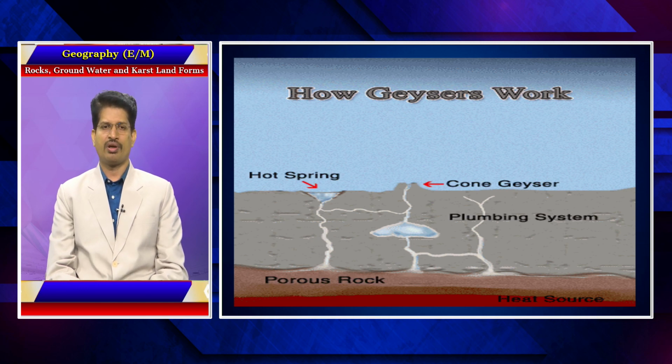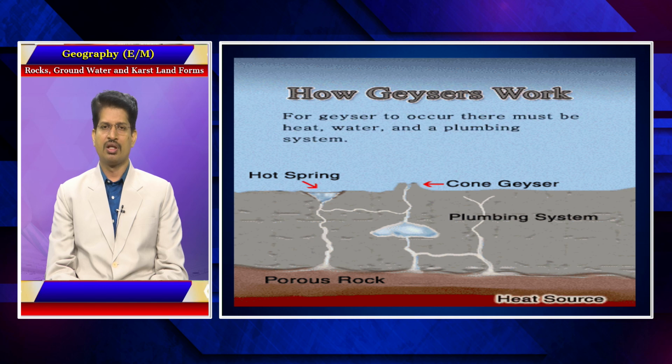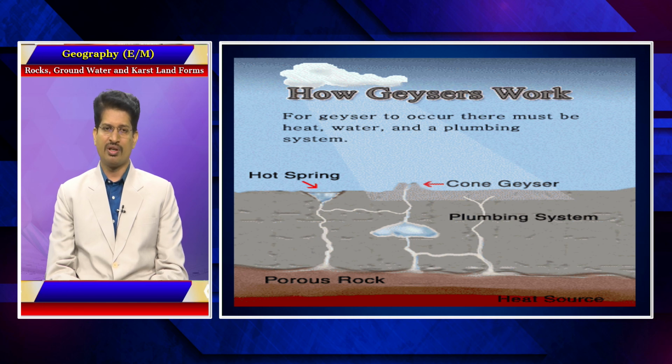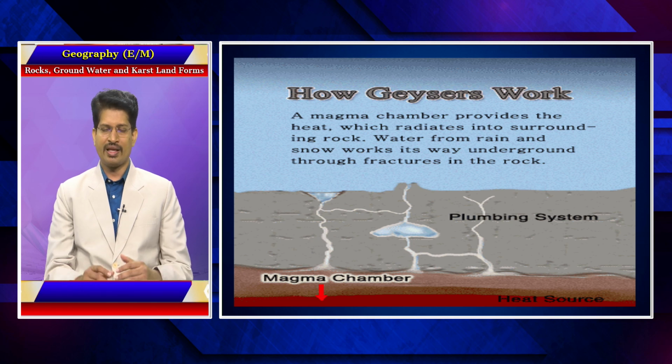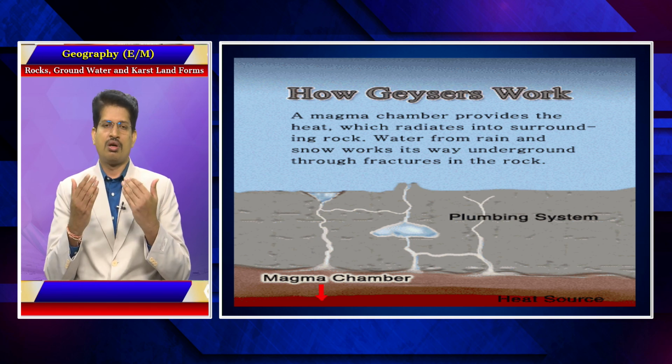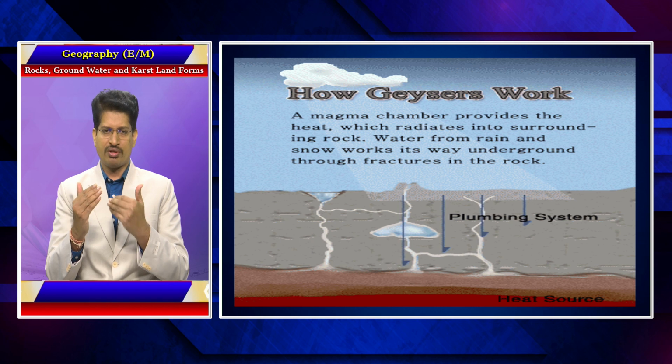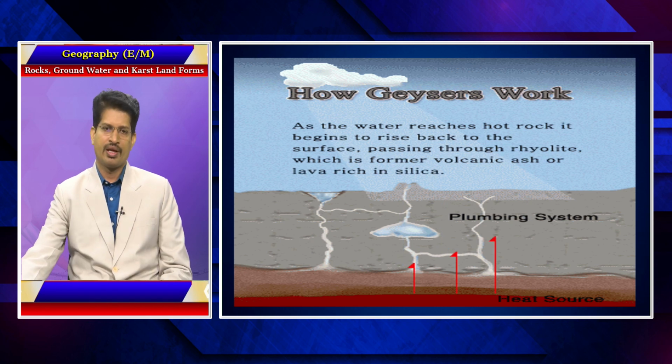But in a hot spring, irrespective of the time interval, there will be a continuous flow of hot water, which is described as a hot spring. Whereas in the case of a geyser, the expulsion of water will have equal time intervals. The reason behind it is that the chamber beneath the Earth's layer has a certain volume.